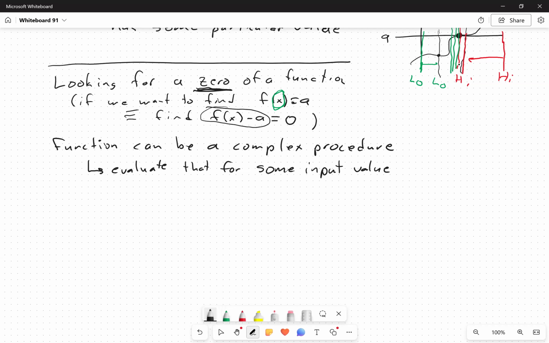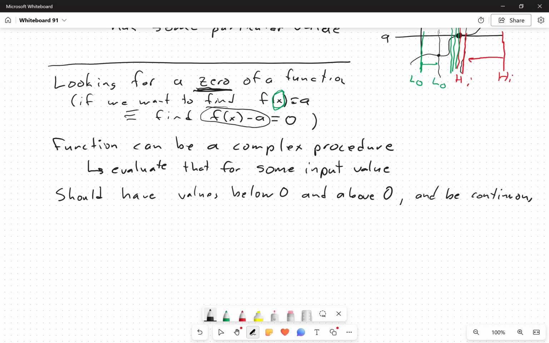The other thing is that the function should have values below 0 and above 0 and be continuous. And almost always, although not actually always, almost always you want something that is monotonic.